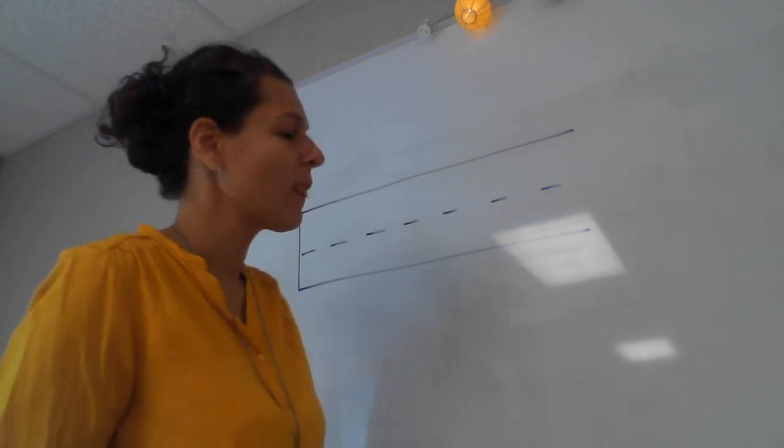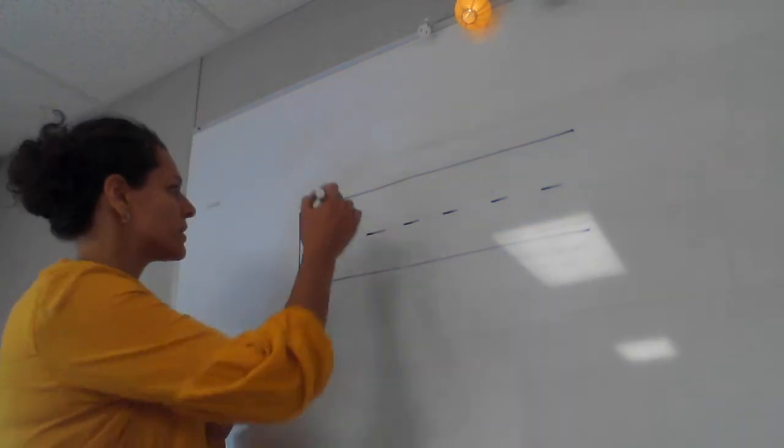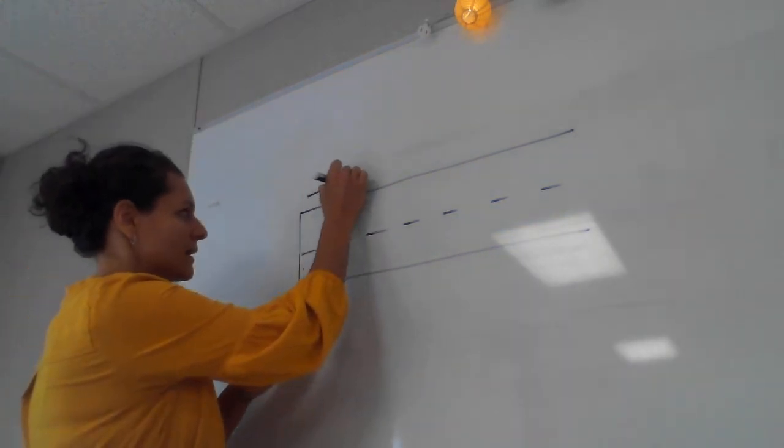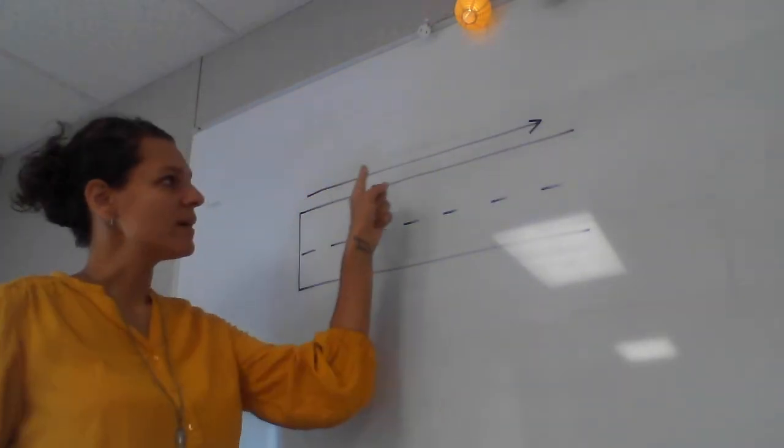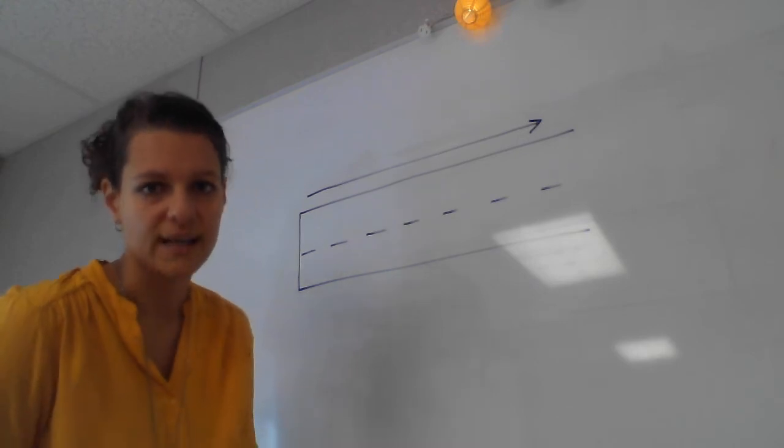Now in English, we always read and write in the same direction. So we would start by the margin and we read and write going this way. So we call this the direction we read and write.